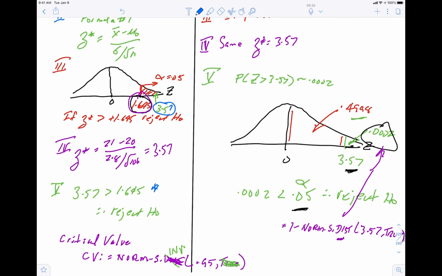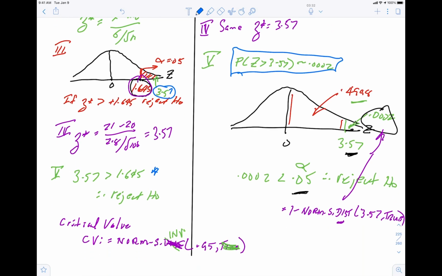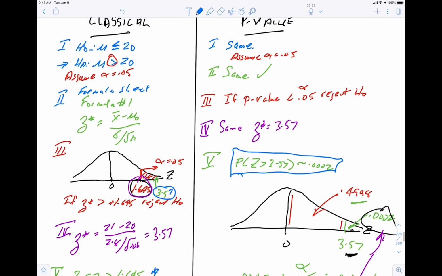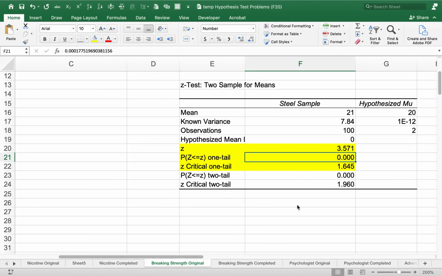And then when we did the p-value approach, we looked it up on a table, and the last number in the table was for 3.49, and so it was 0.0002, and it's actually smaller than that. So we said 0.0002 is less than 0.05, and so we reject H0. Again, this is a one-sided test, an upper tail test. And so that's how we do that here.